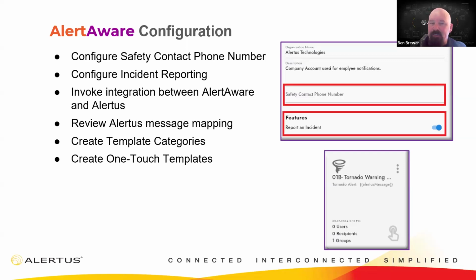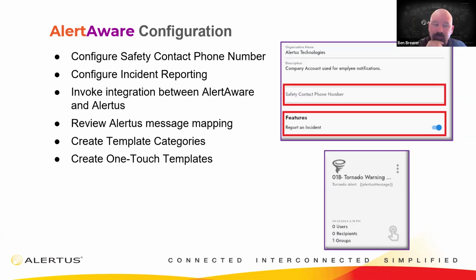All of those things are very important to understand when it comes to configuring AlertAware, because those final two actions can get very complex, or they can be very, very simple and straightforward.